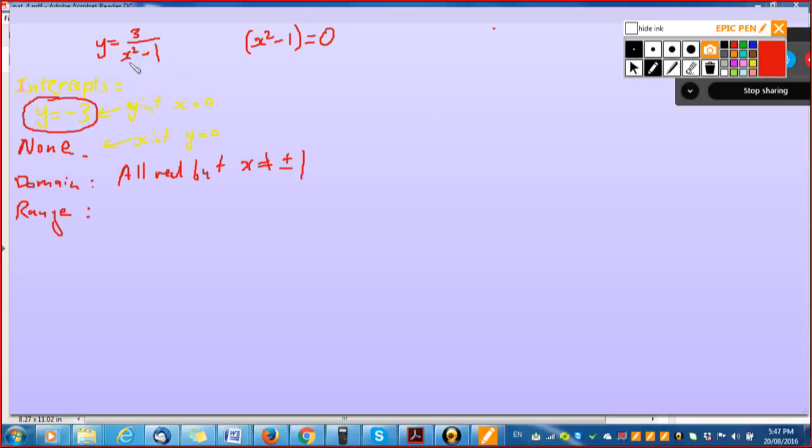Just say if X is positive, when X is equal to 0, Y is equal to negative 3, right?